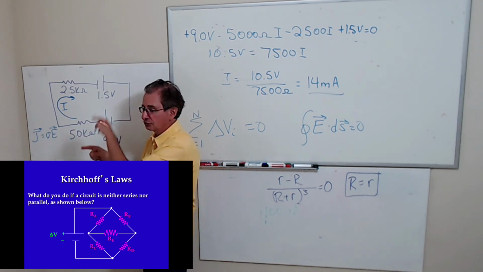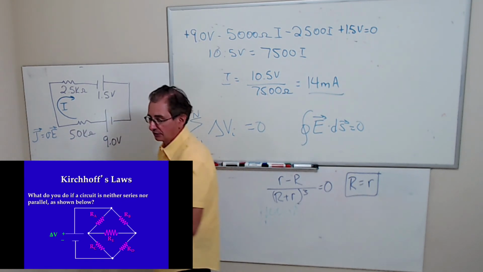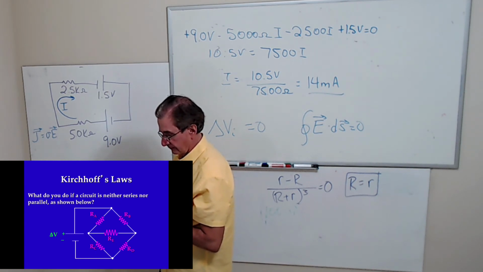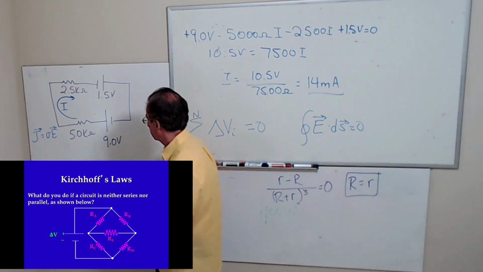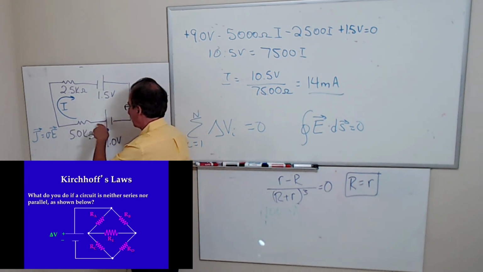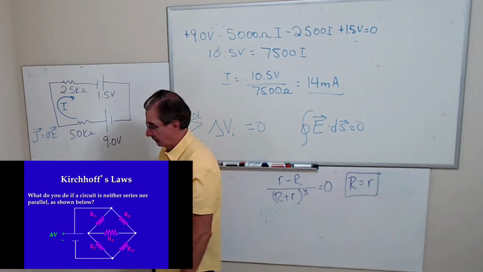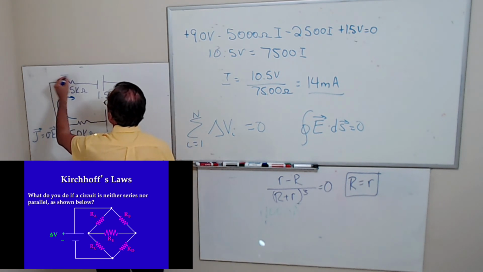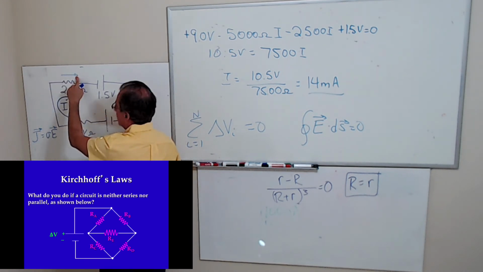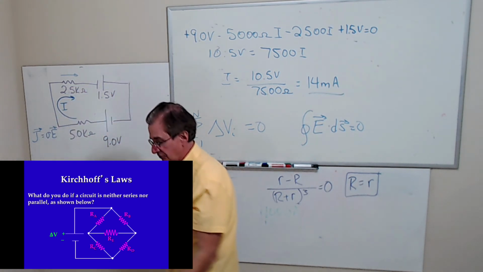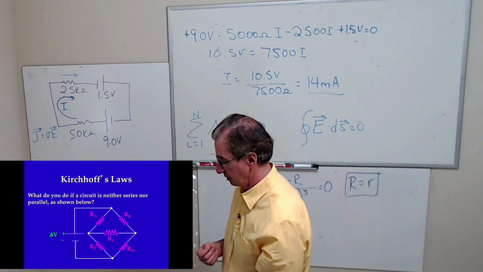And the voltage drops in the direction of the electric field. So if I go this way, the electric field points that way, then I know the voltage is dropping in that direction. If I sum in that direction, then the voltage has to drop in that direction.